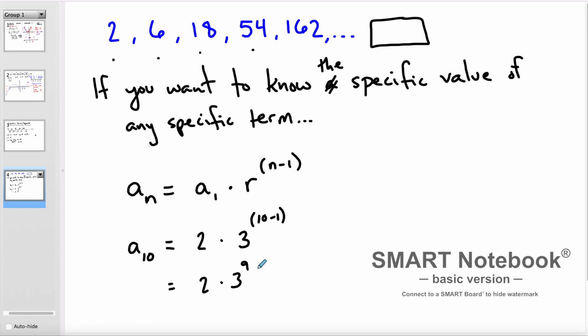And what is 3 to the 9th? Let's see. Ooh, I don't have my handy calculator with me here. 3 to the 9th, wow, equals 19,683.